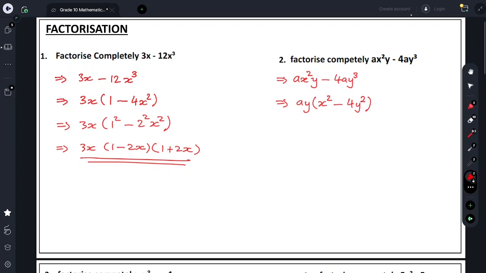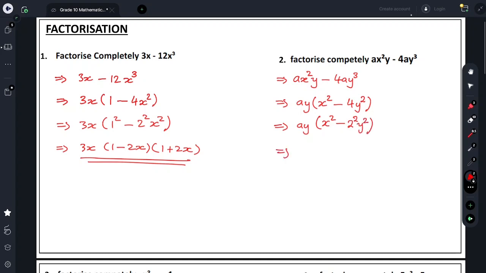Notice that this one also is a difference of two squares again. So whenever they say factorize completely, that is the trick you should notice. So you write ay, then this one you rewrite as x to power 2 minus 2 to power 2, y to power 2, like that.